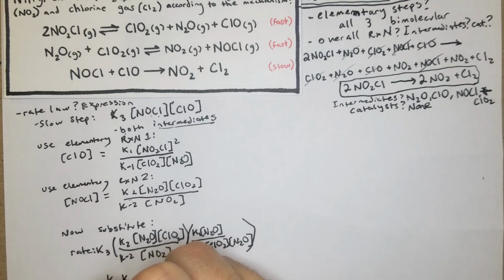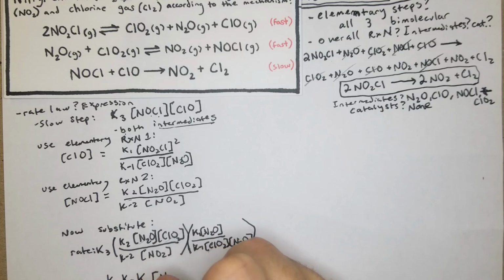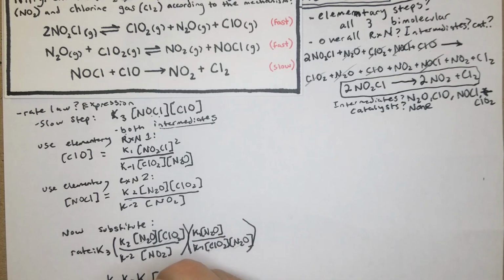K3, K2, K1, NOCl, NO2Cl, 2, all over K minus 2, K minus 1, NO2.